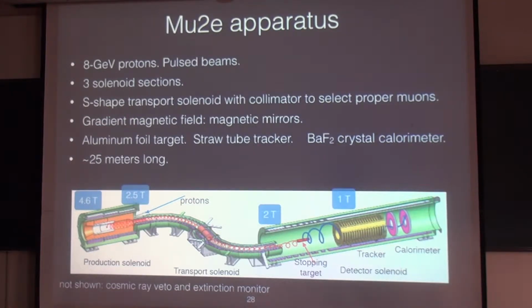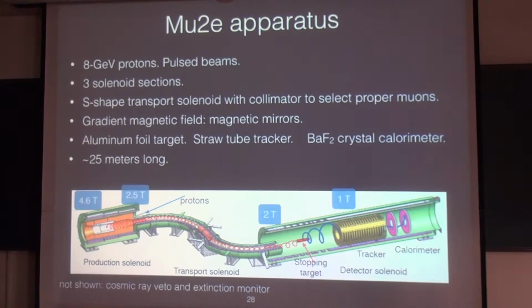In the middle of it is a collimator, and because different charges go different ways, the positive charge goes this way and the negative charge goes that way, so we can block out one side to select the right charge. In here, a lot of pions decay to muons and go through to the detector solenoid.